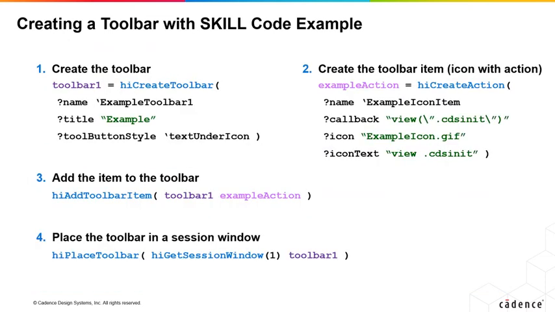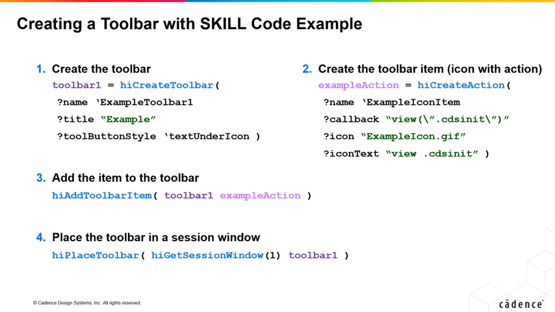So here's a SKILL code example for creating a toolbar. First of all, we create the toolbar itself. We say hiCreateToolbar, give it the name, give it a title that will appear, and then we give it a button style. Next, we create items for the toolbar. We say, for example, exampleAction equals hiCreateAction. So this will be an item that actually has an action associated with it.